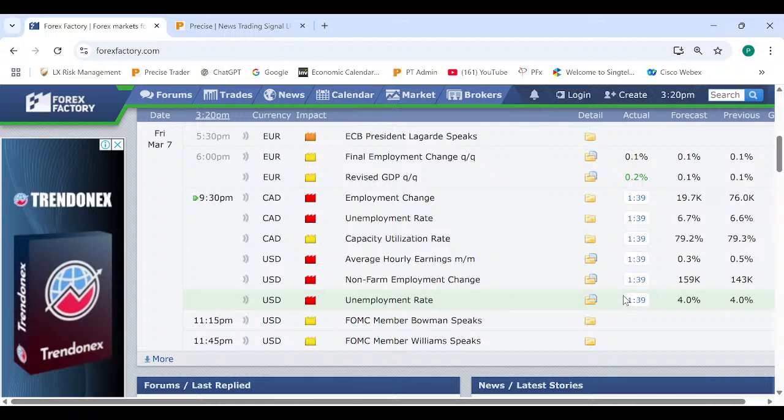Okay, we are back. We are waiting for the data. So we have 1 minute and 30 seconds left.